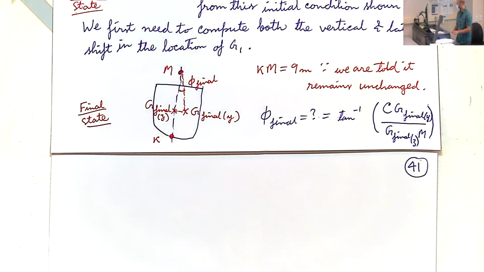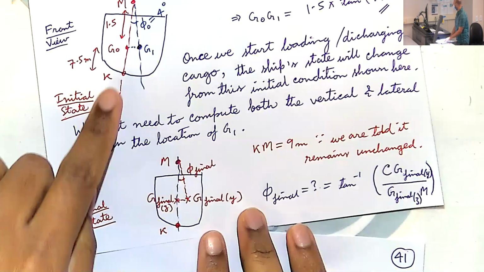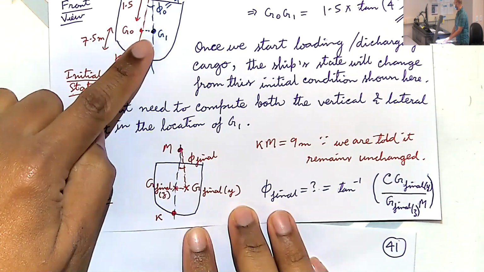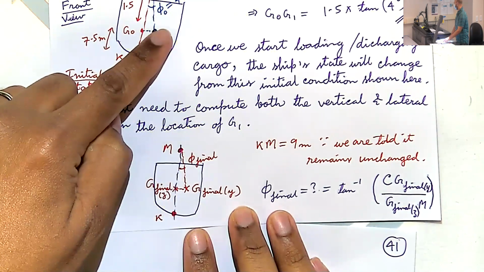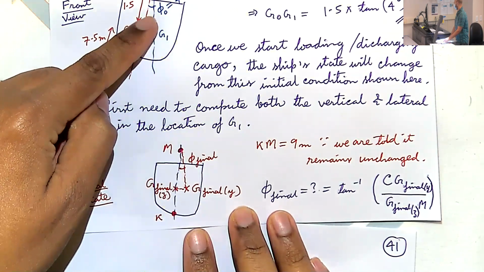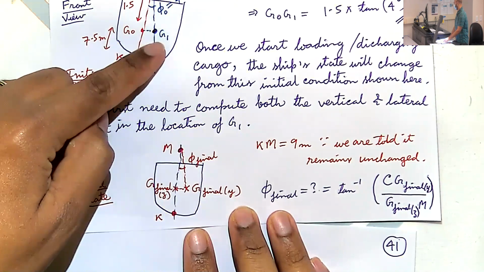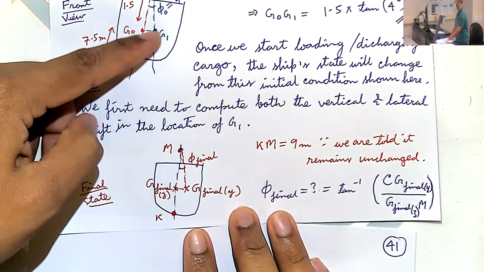All right, so our G1, we've assumed it goes up, and we don't know whether it'll go up or down. If we get a negative number, we know it'll shift down. If we get a positive number, we know it'll shift up.